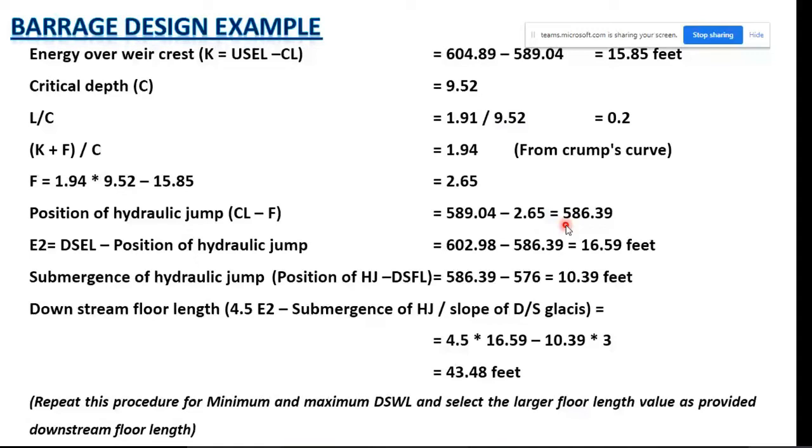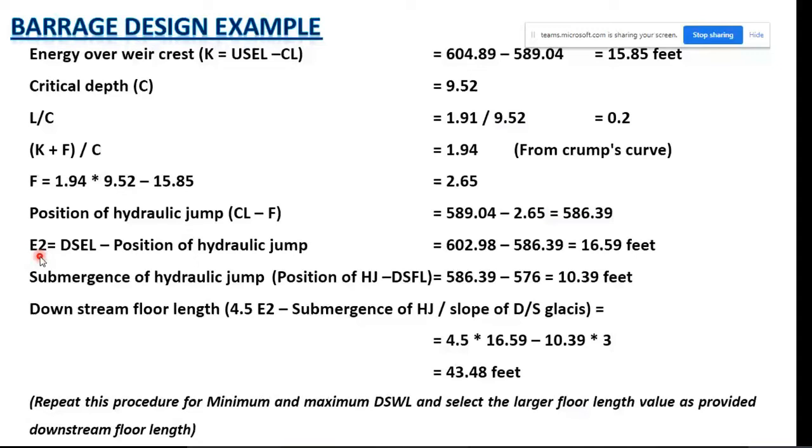E2 here is denoting specific energy at the beginning of the hydraulic jump. Here you have to be careful. I am using the same notation as in the book. Don't get confused: in the Blench method, E2 was denoting specific energy on the downstream side of the hydraulic jump. Here it's denoting specific energy on the upstream side of the hydraulic jump.